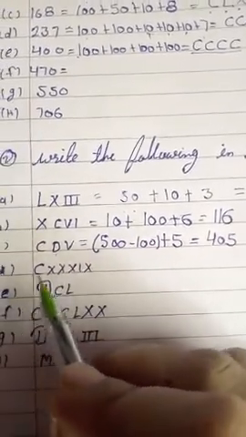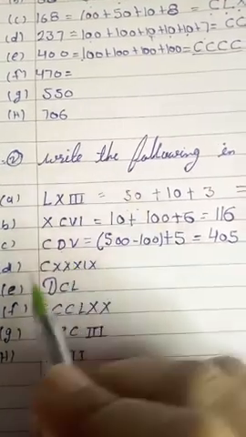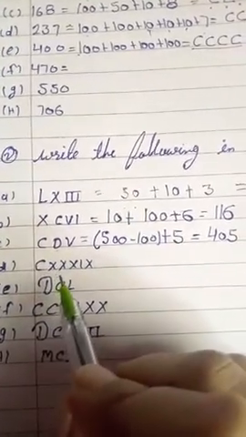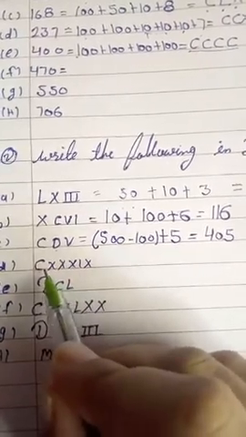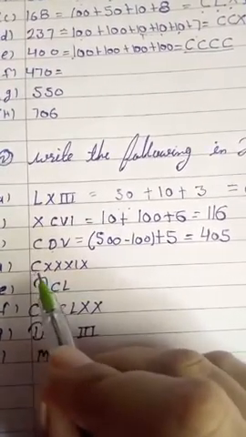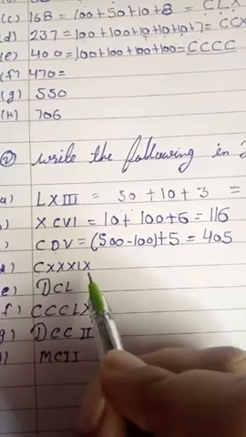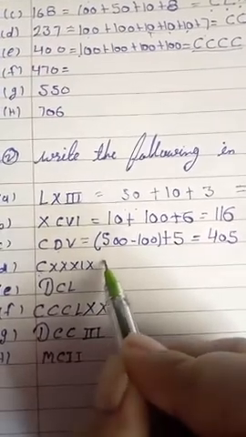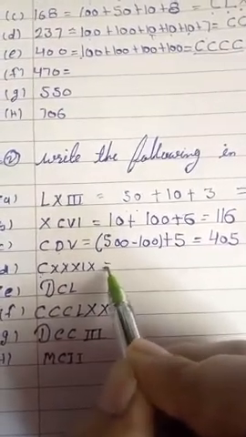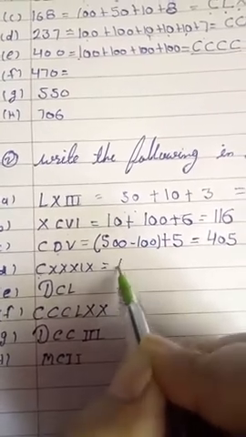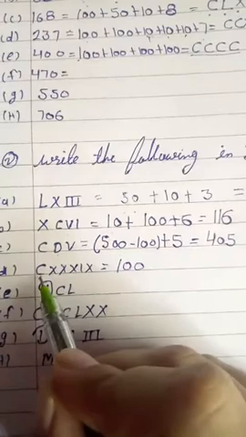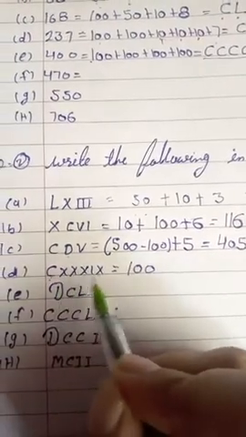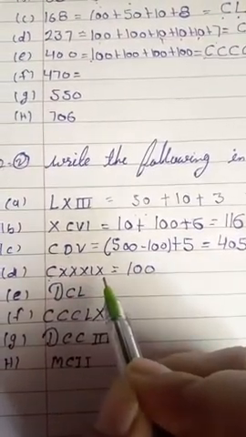Then complete C, D. This is the larger number and the remaining numbers are smaller. So add all the numbers, because the first number is larger and the remaining numbers are smaller.